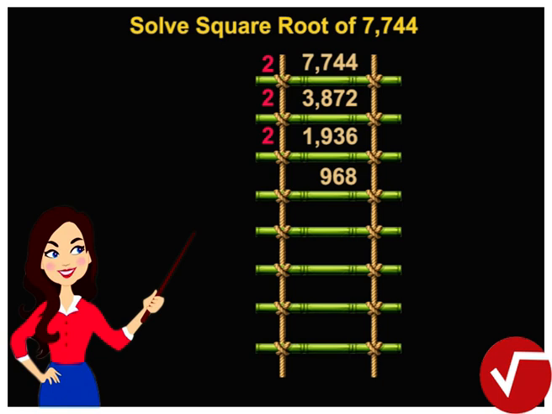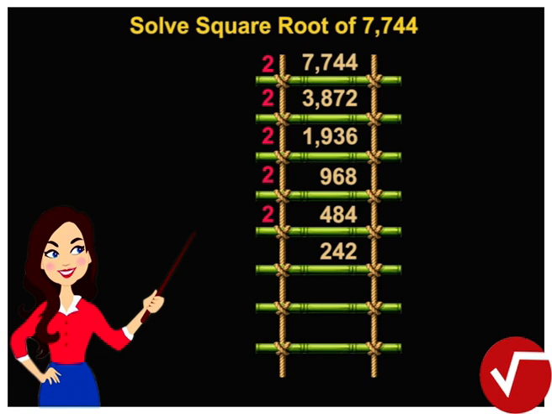Again, 968 can be divided by 2 to give quotient 484. Write this quotient on the next bottom step of the ladder. 484 again goes into 2 to give 242. We will be writing 242 on the bottom step of the ladder below 484.